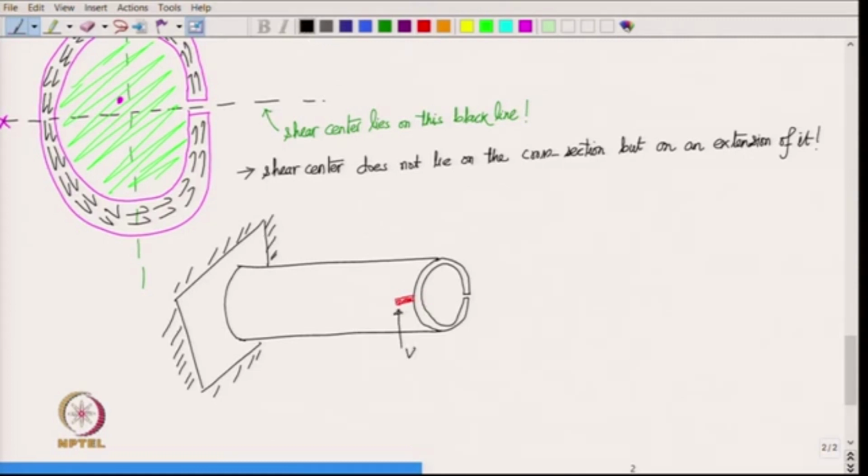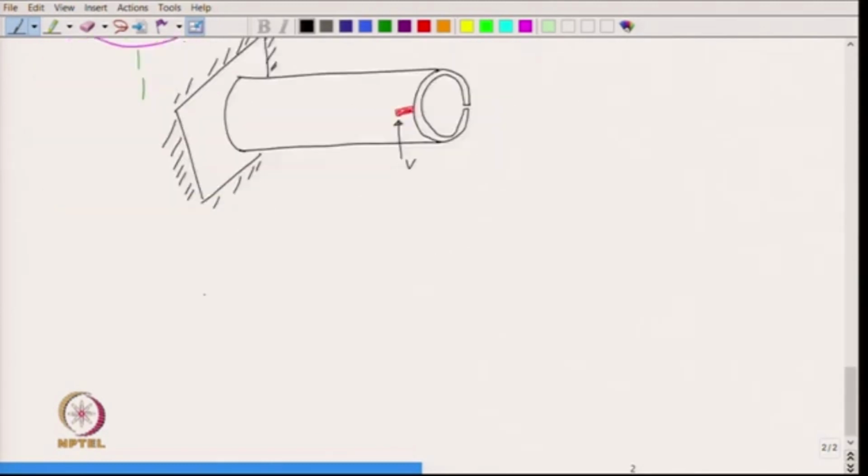So, V should be applied on the extension of the cross section. If we do that, only then this beam is not going to twist, otherwise it is also going to twist. So, it is very interesting, is not it? So, let us try to find out the exact location of shear center for this cross section. So, we are again going to draw the cross section.